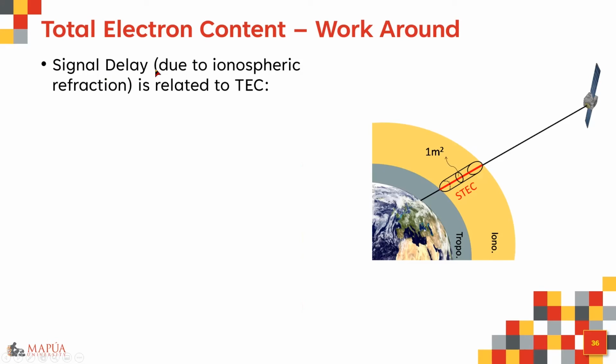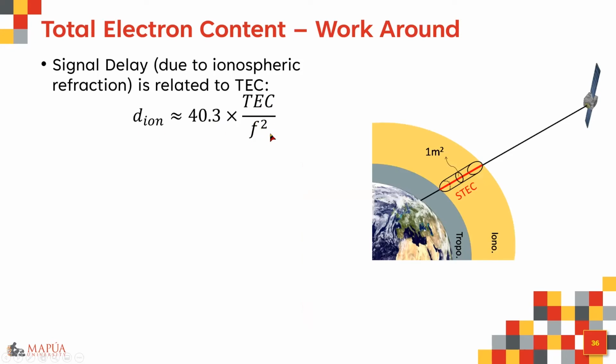And that signal delay is related to the total electron content by this equation. Approximately, the delay due to the ionospheric refraction is approximately equal to 40.3 times TEC, divided by f squared.